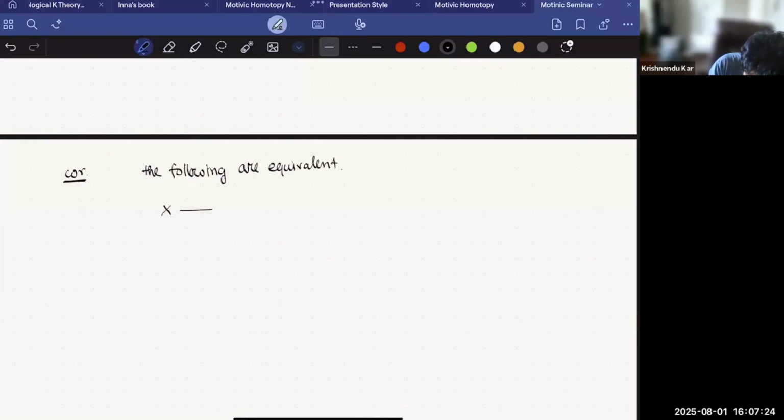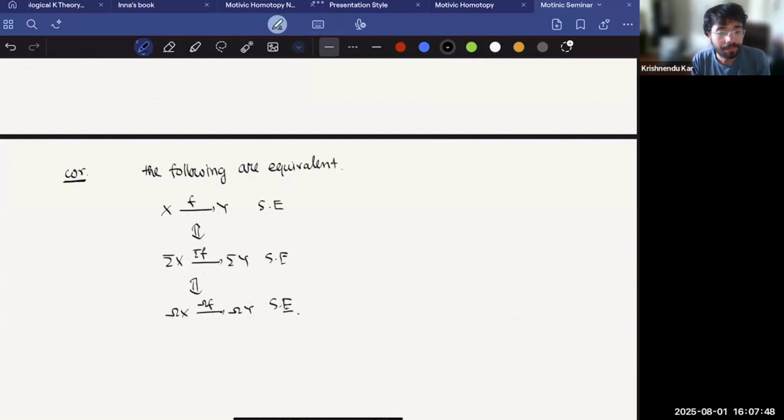That is, if x to y is your map f, this is a stable equivalence if and only if your suspension of x to suspension of y is a stable equivalence, if and only if your loop of x to loop of y is a stable equivalence. How do you see that? That's nothing but extending that theorem over there.